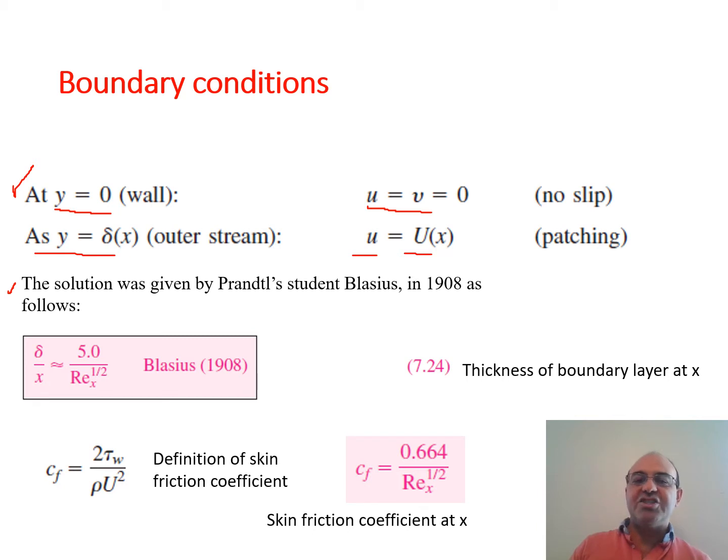How he solved it, the details are in the book. He basically converted those partial differential equations to an ordinary differential equation using a change of variables, which is called a similarity solution. So he converted the PDE into an ODE, and that ODE was simple enough to be solved using numerical methods, but without the use of a computer.